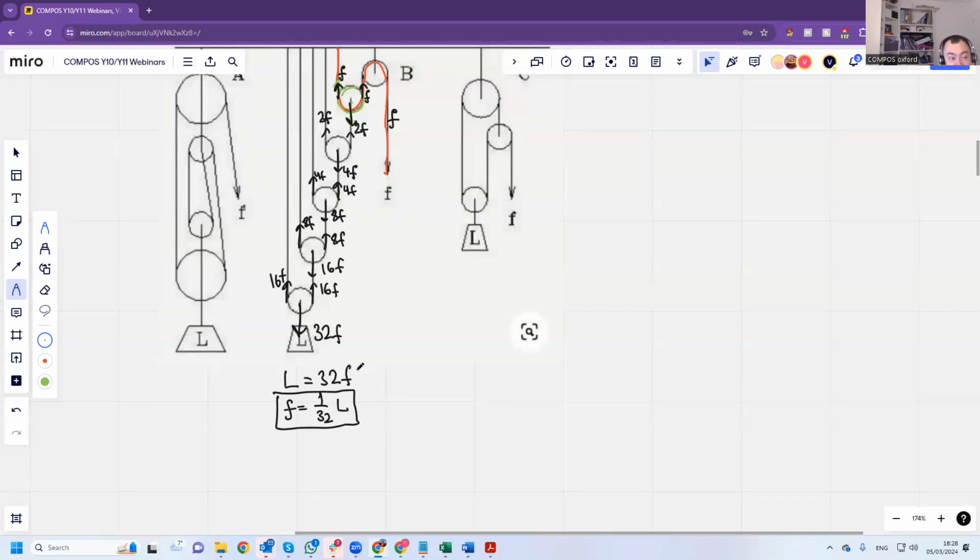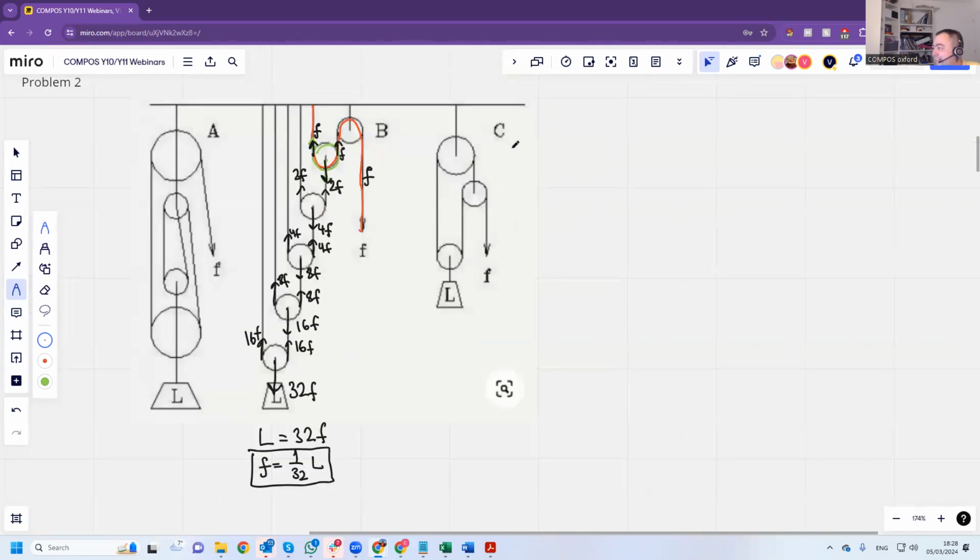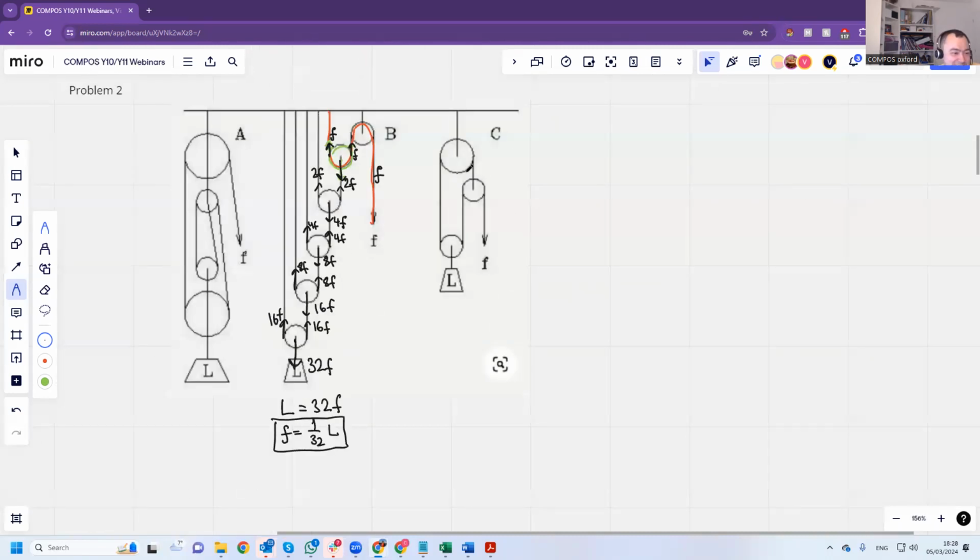Wow, 640 kilograms. You would be able to lift my first car using that system. It was a Nissan. A 1986 Nissan.